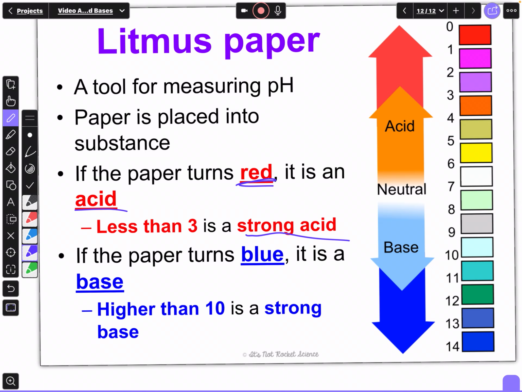If the paper turns blue, it is a base, and higher than 10 is a strong base. It shows you on this chart right here, as you go closer to 0, the stronger the acid. Neutral is 7, and as you get to the bases, 8 through 14, the closer you get to 14, the stronger the base.